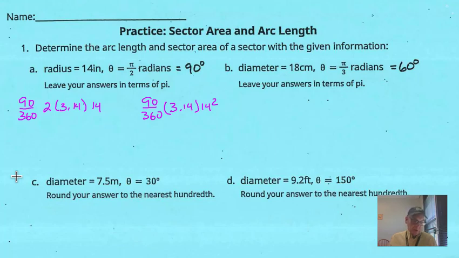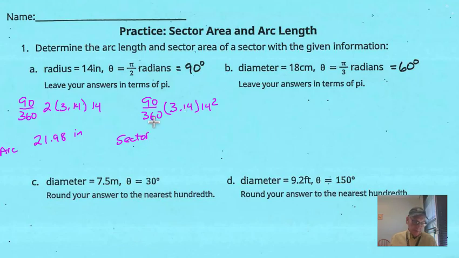So let's see, 90 times 2 times 3.14 times 14 divided by 360 gives us 21.98 inches for the arc length. And for the sector, we're going to use the area formula.